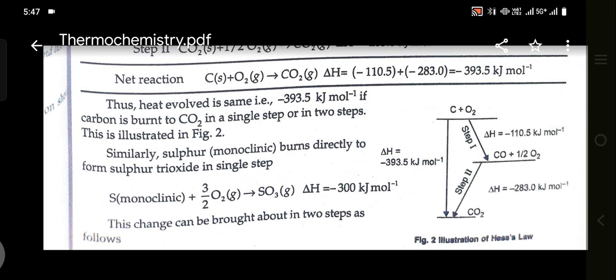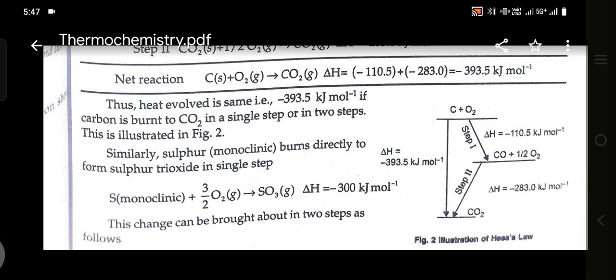ΔH will be equal to -110.5 plus -283, which is -393.5 kJ/mol. Thus, the enthalpy change is the same, that is -393.5 kJ/mol, if carbon is burned to carbon dioxide in a single step or in two steps.